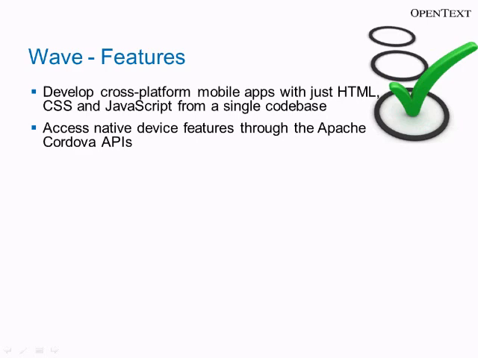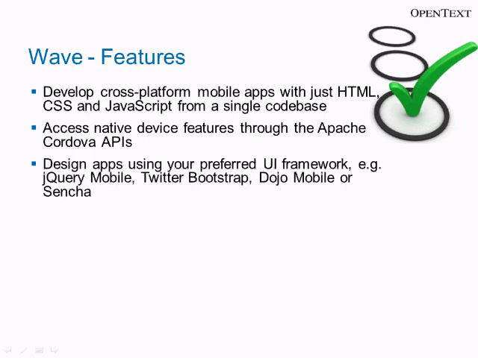What Wave 4 will do is that we will also be essentially a distribution of Apache Cordova. That means that rather than using Wave Studio to design your apps, you would select a user interface framework, which is HTML and JavaScript based, and that could be jQuery Mobile, Twitter Bootstrap, Dojo Mobile, or Sencha.